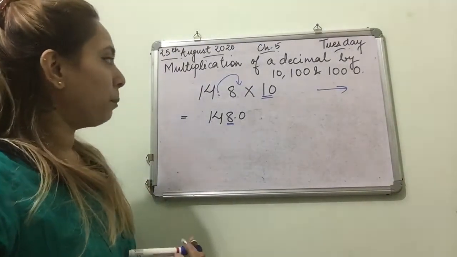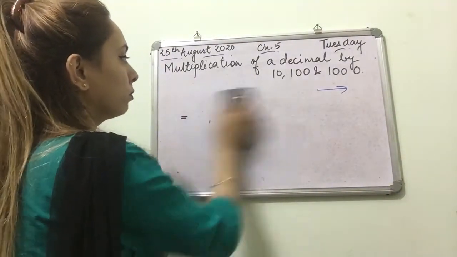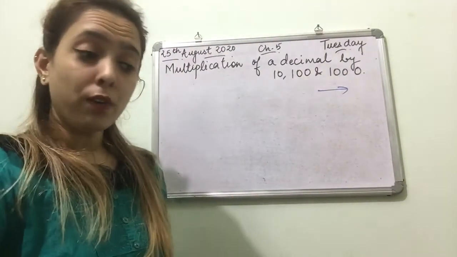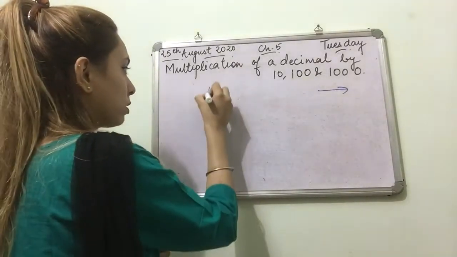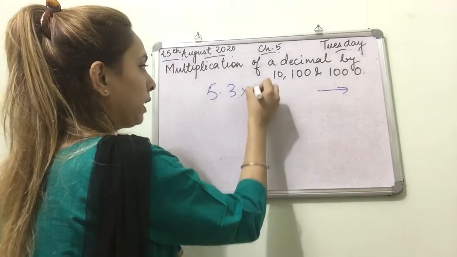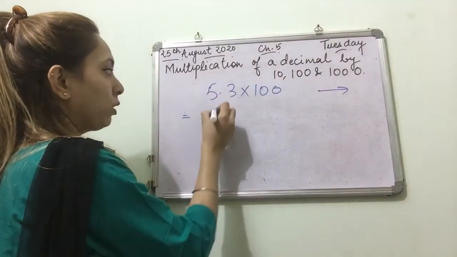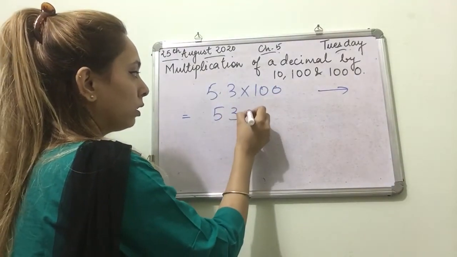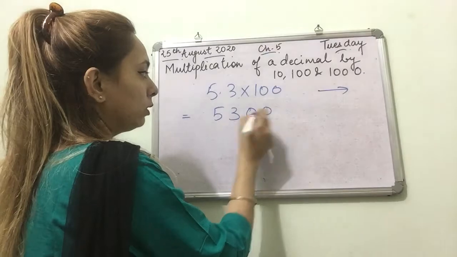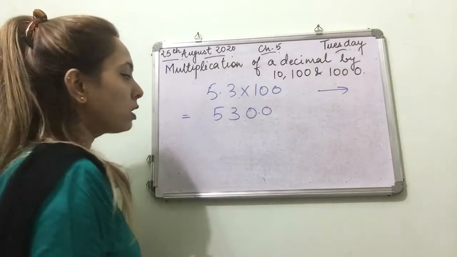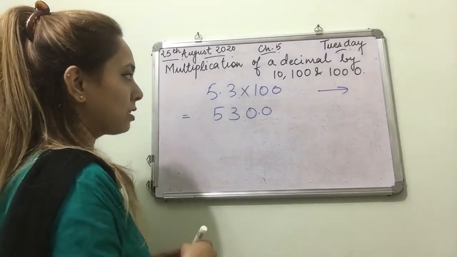Let's take another example of 100. The example of 100 that I took was 5.3 multiplied by 100. What answer did we get? This was the answer. How did we get it?